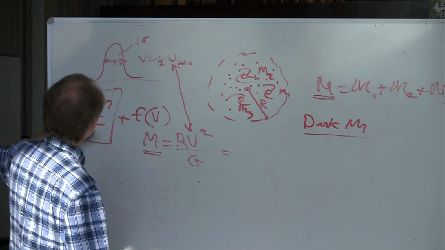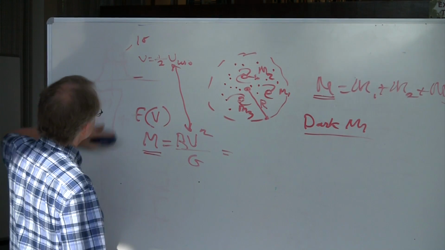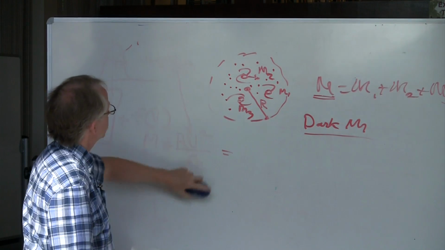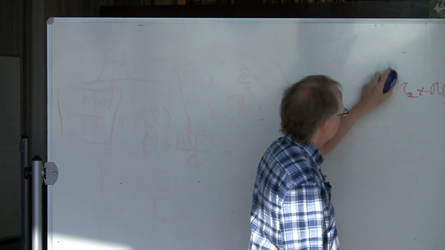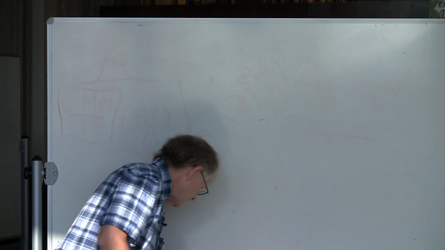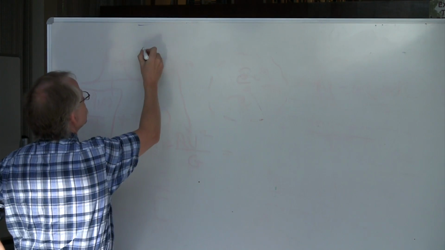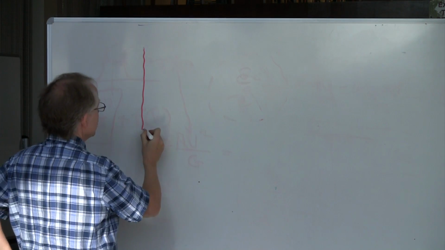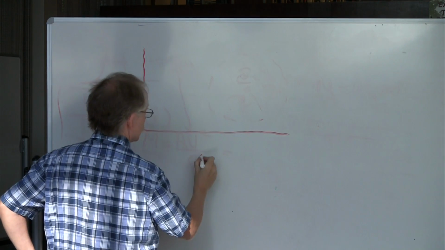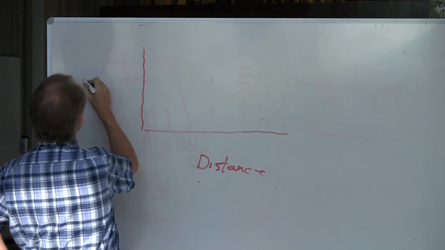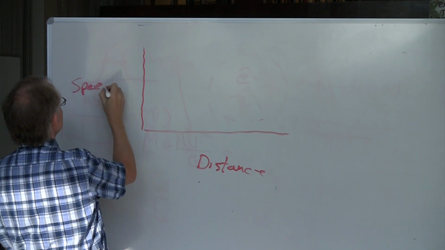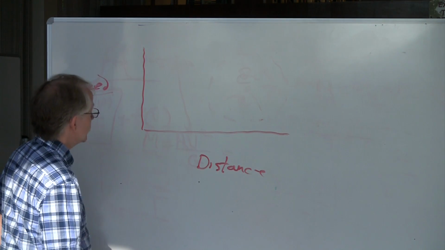But, okay, this is a kind of an advanced discussion, but here's something that we can do to sort of bring things home. As an astronomer, the one thing that you can do is measure the speeds of materials versus distance. We're really good at doing that.